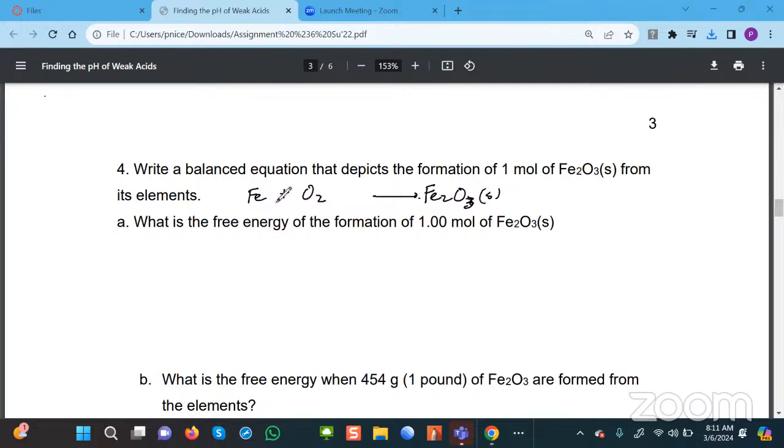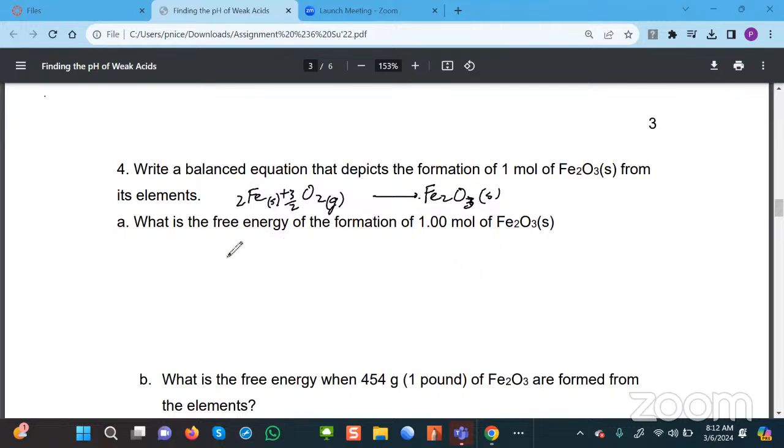Iron is a solid. Oxygen is a gas, right? So basically, we're going to need 2 here, and to make sure that we end up with 3 atoms of oxygen on either side, that would be the equation, right? That's the equation for the formation of 1 mole of iron(III) oxide, all right?